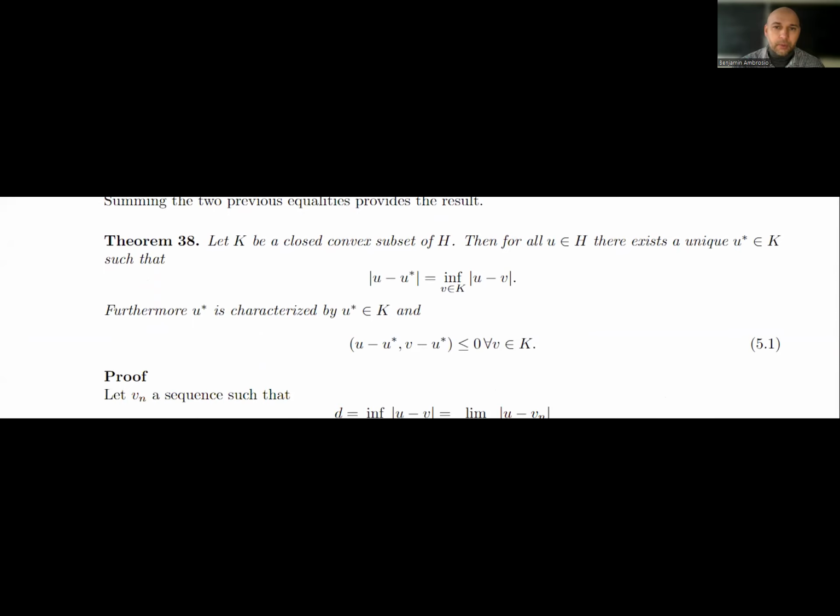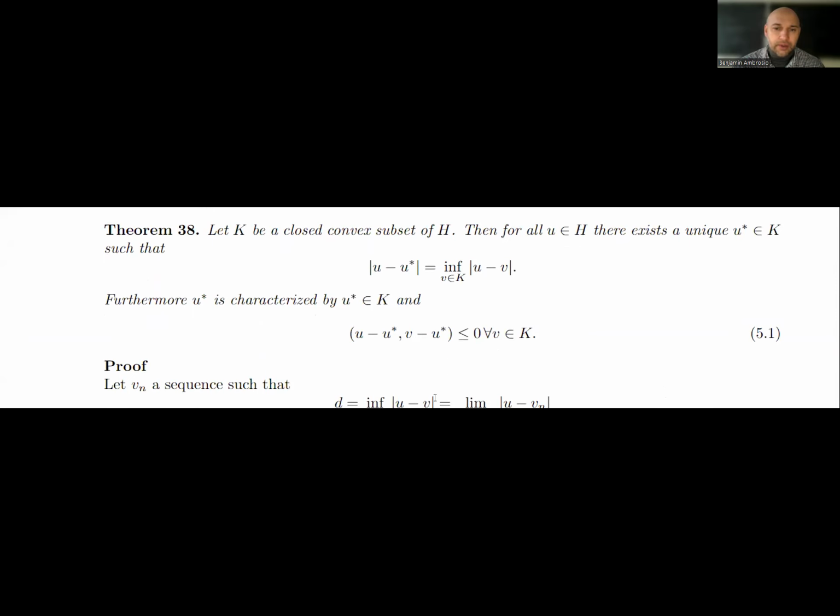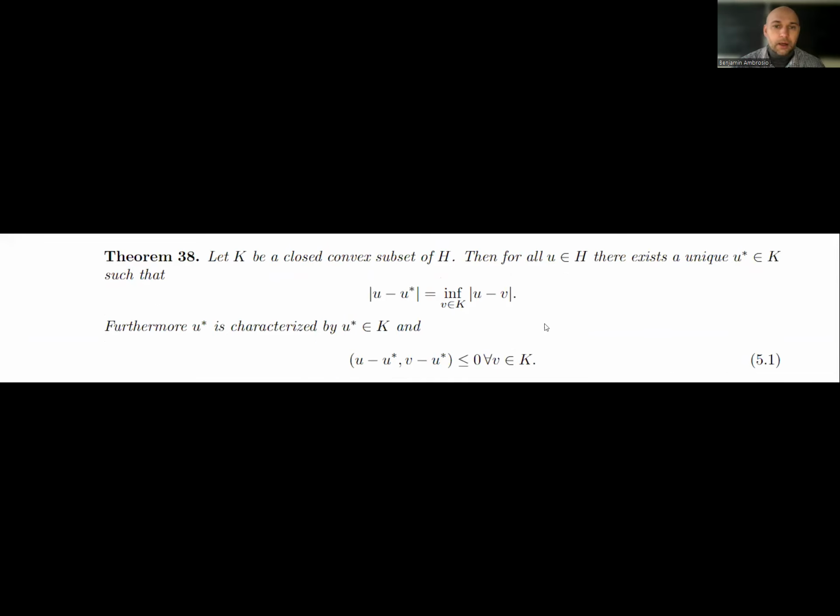Then we were proving this theorem here, and we proved that there exists U star in K which satisfies this first equality here. And so now we are going to prove that, in fact, this is equivalent to this one here.